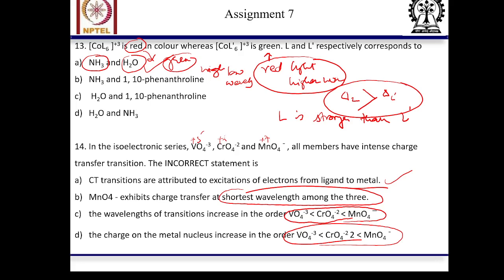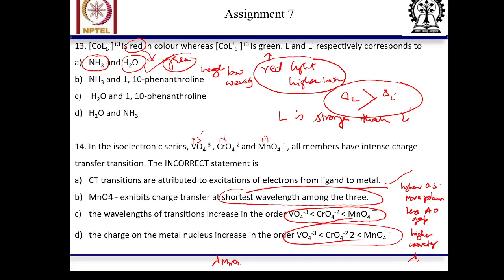If we have the higher oxidation state, it means more polarization. More polarization means less atomic orbital gap, means higher wavelength.